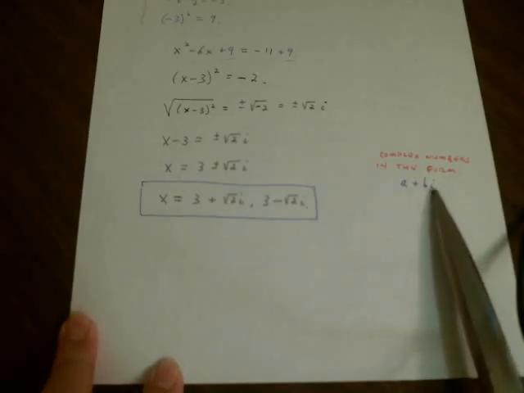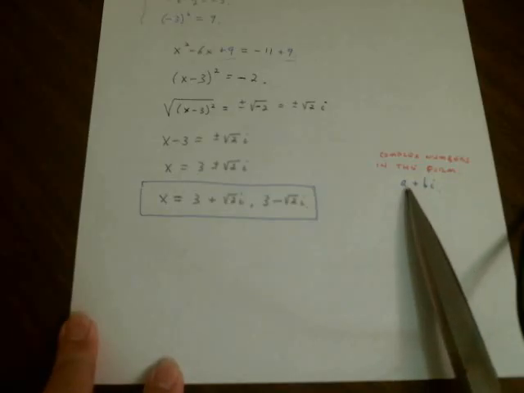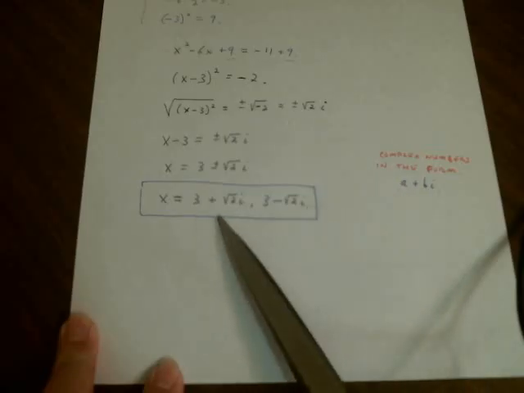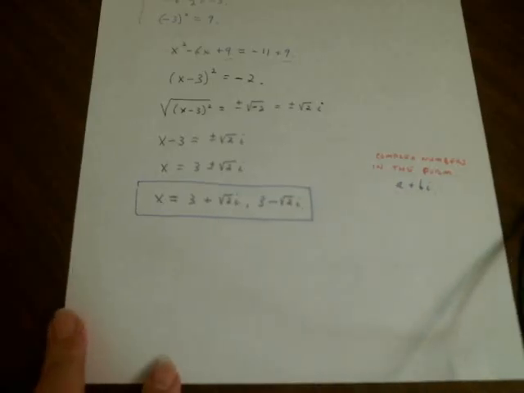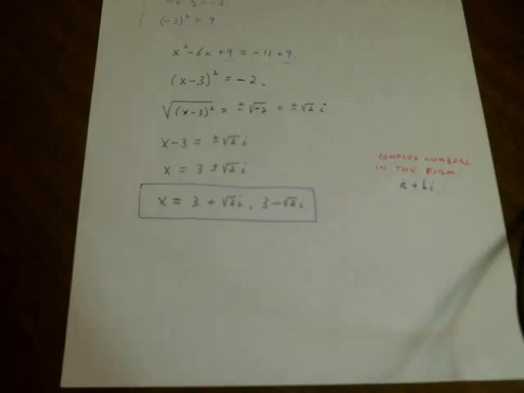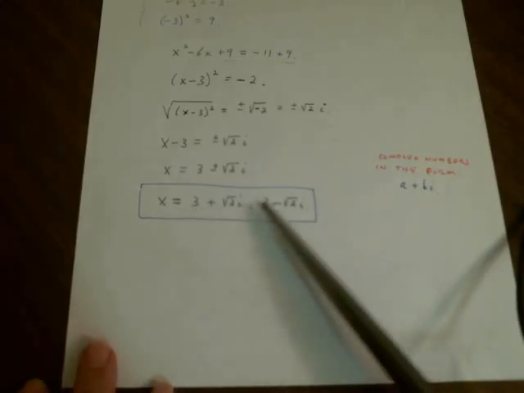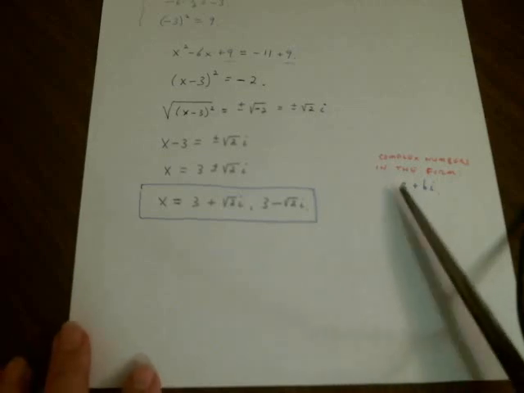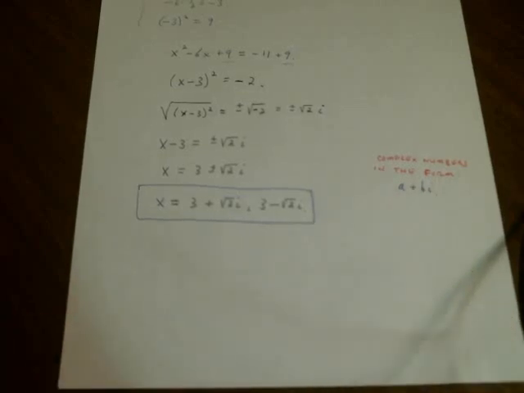So your i term is off to the right, and the term that doesn't have i is on the left, and that's exactly the pattern you're seeing here. There's a good reason for it, for graphing, which we won't be covering in this class, but you can graph these complex numbers, and there's a good reason to separate out the a part and the bi part as they do here.